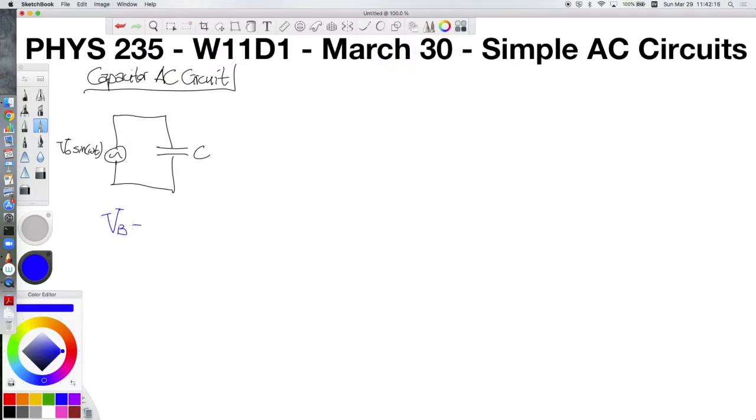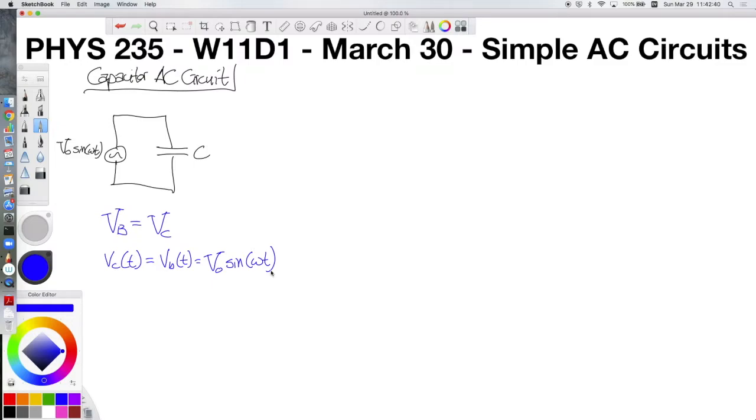Since the voltage from the battery has to be spent at the capacitor, the voltage across the capacitor at some specific moment in time is the same as the voltage across the battery at that moment, which is V0 times sine of omega t.